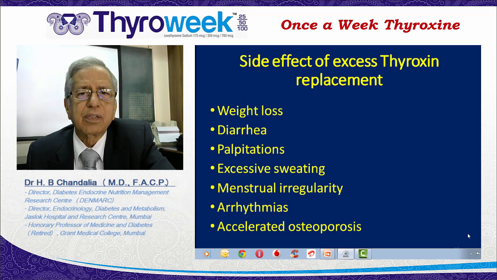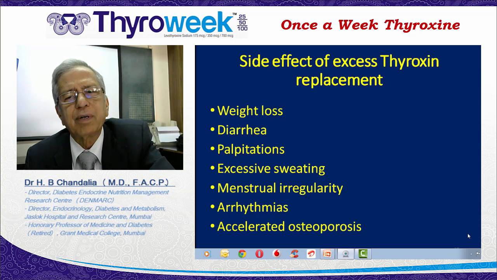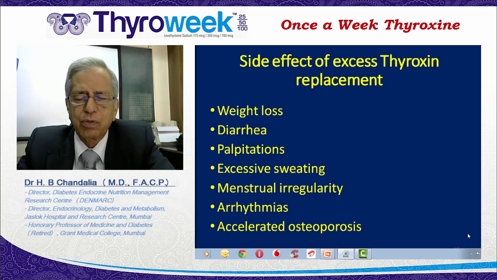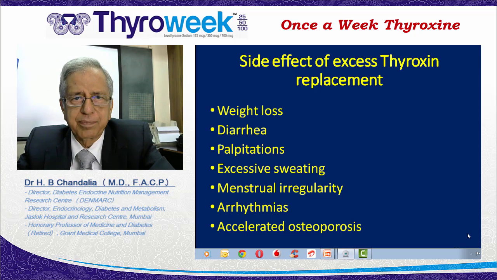Another very important side effect of excessive replacement is that with chronic therapy, it can accelerate osteoporosis, and therefore it is very important to titrate the thyroxine dose accurately and not give excessive replacement.